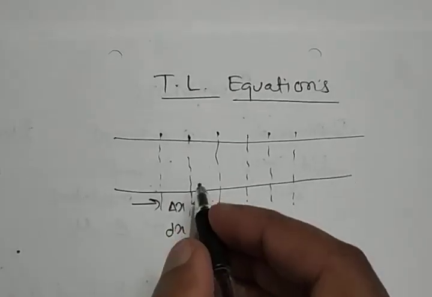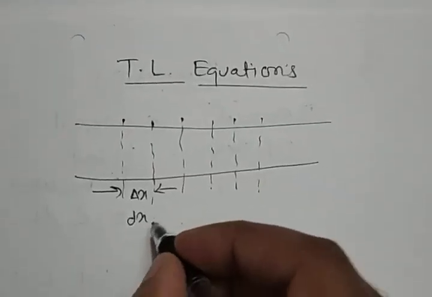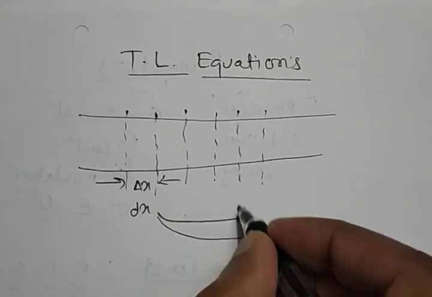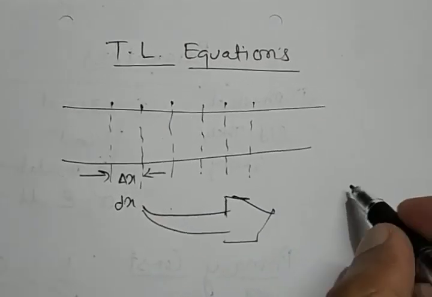In the small differential portion, if we zoom in, what parameters will be present there?